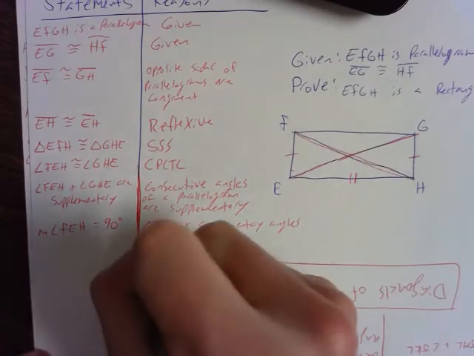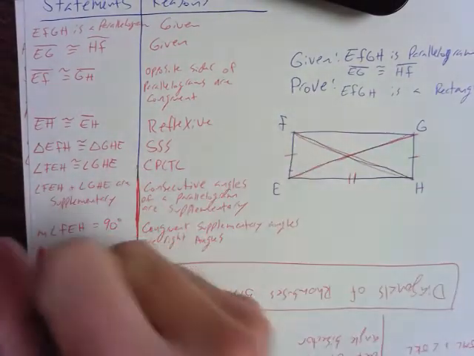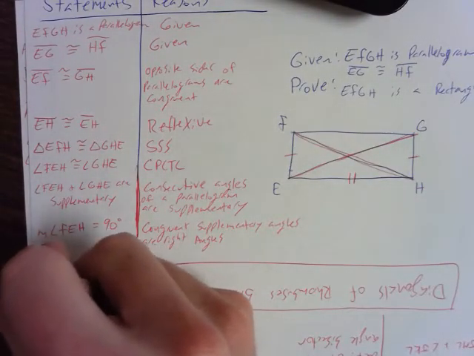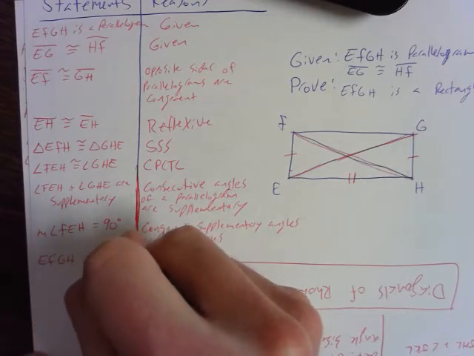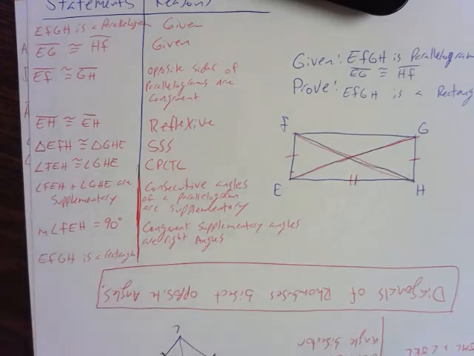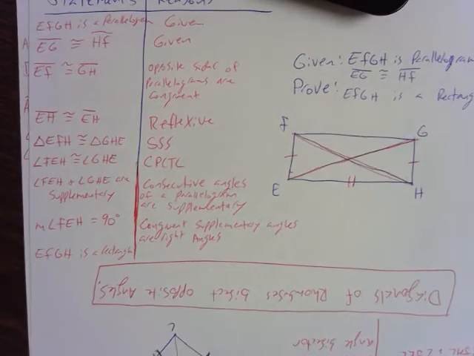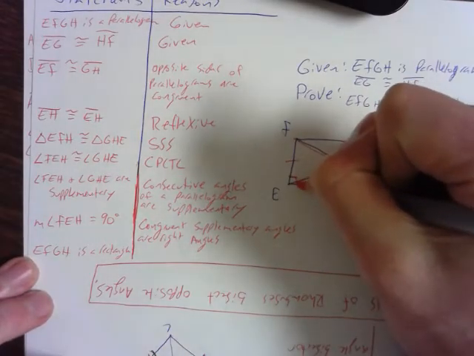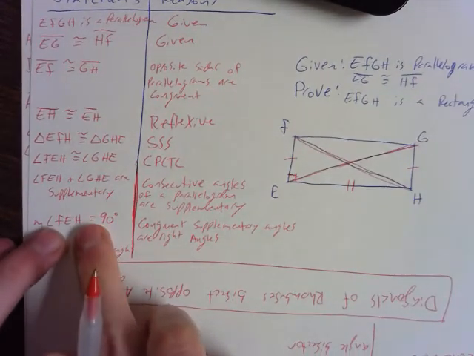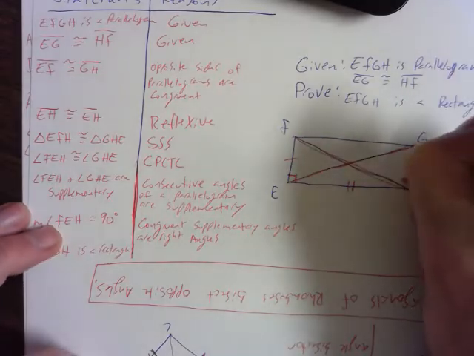Okay, and so then my final step of this proof is my proof statement, which is EFGH is a rectangle. Okay, and I can prove that because if this is a 90-degree angle, well, GHE is the same.